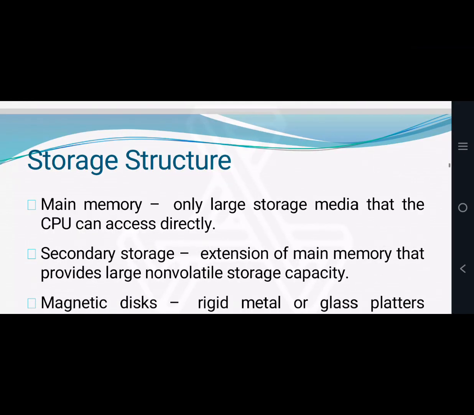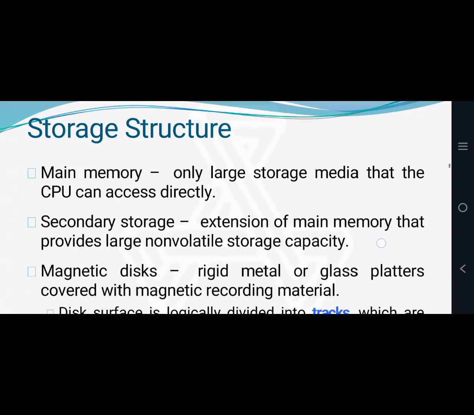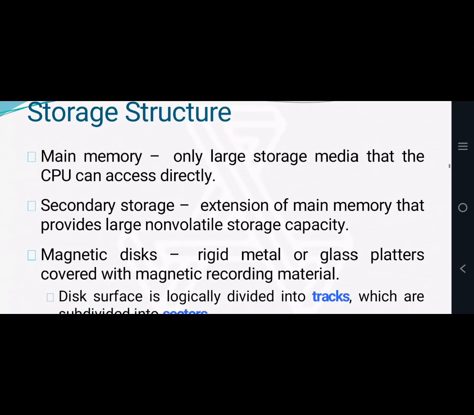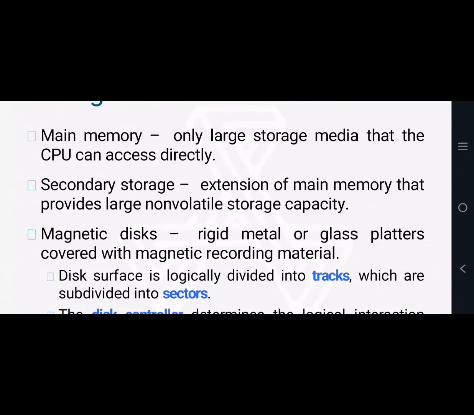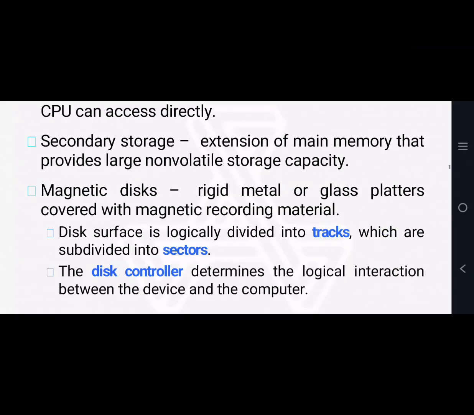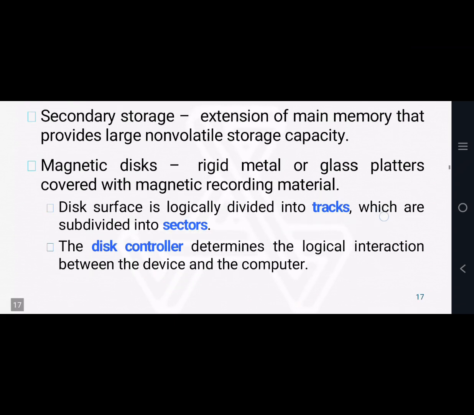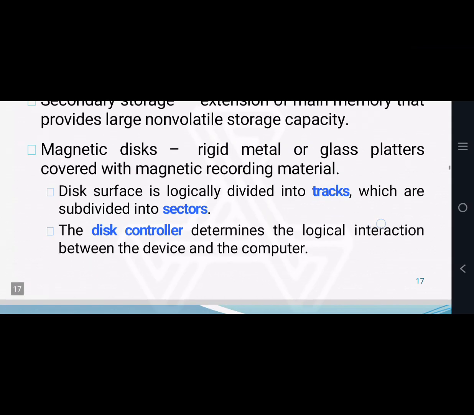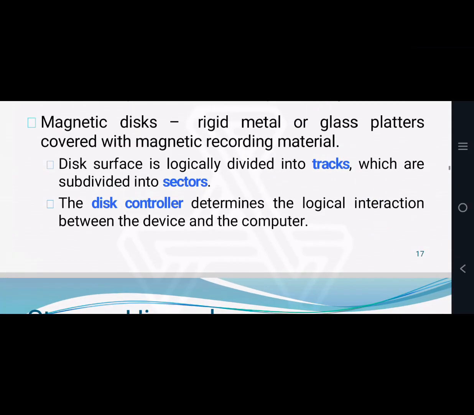Storage structure. Main memory is the only large storage media that the CPU can access directly. Secondary storage is an extension of main memory that provides large non-volatile storage capacity. Magnetic disks are rigid metal or glass platters covered with magnetic recording material.